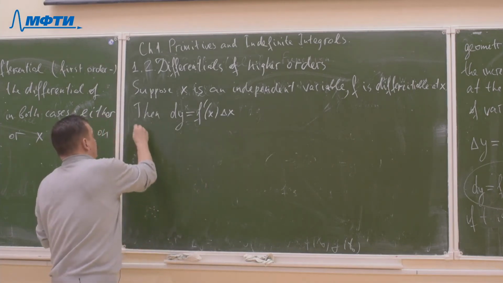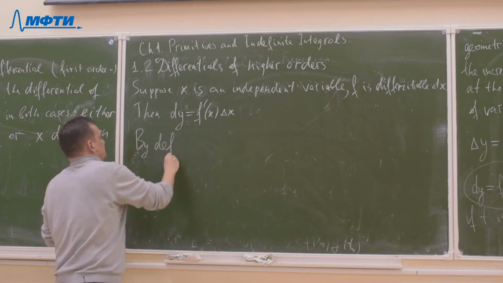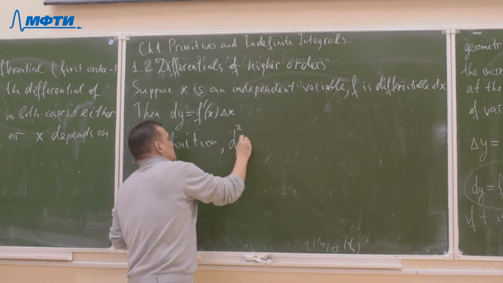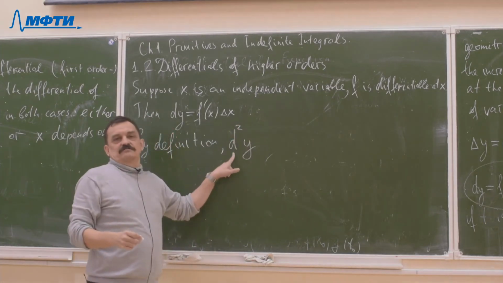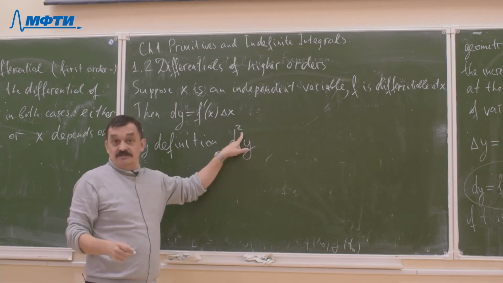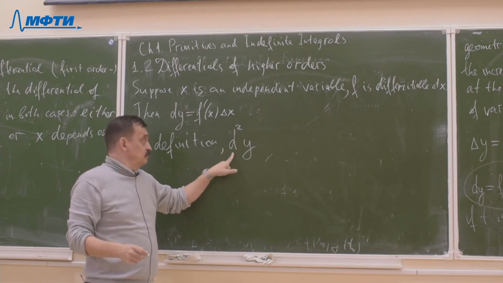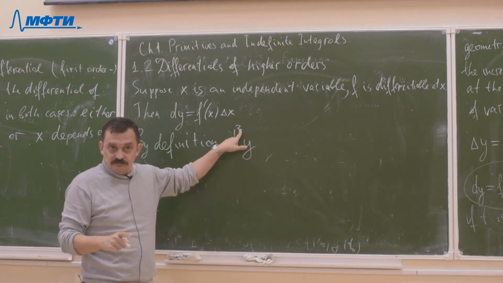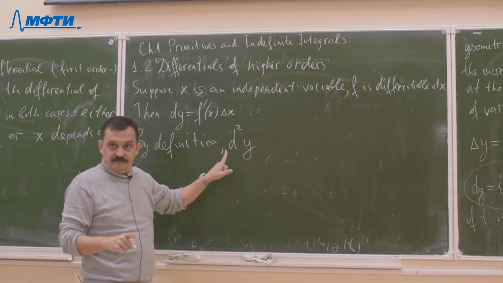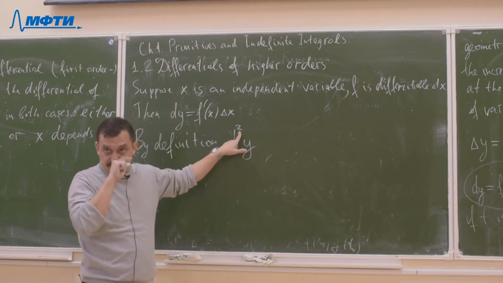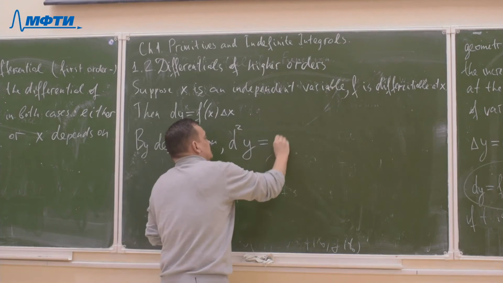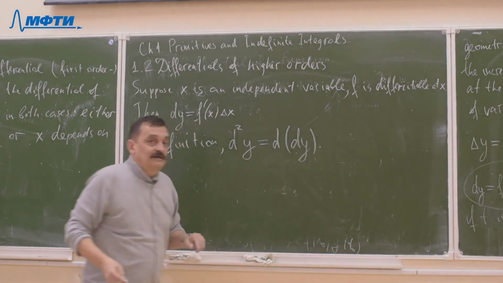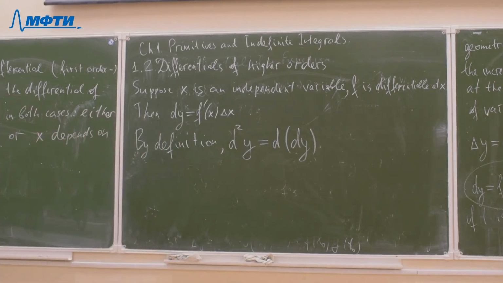So by definition, the second differential, which is denoted by d2y. Don't say d squared. No, never. d2y. That is the differential of second order. It is the differential of dy. Looks easy, right?